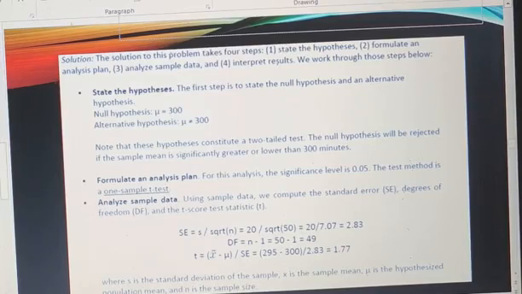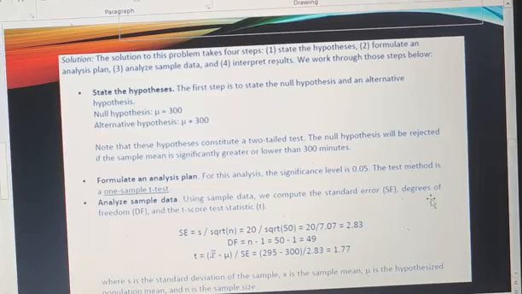Analyze sample data. Using sample data, we compute the standard error, SE, degrees of freedom, DF, and the t-score test statistic, T. SE equals S/SQRT(N) equals 20/SQRT(50) equals 20/7.07 equals 2.83.